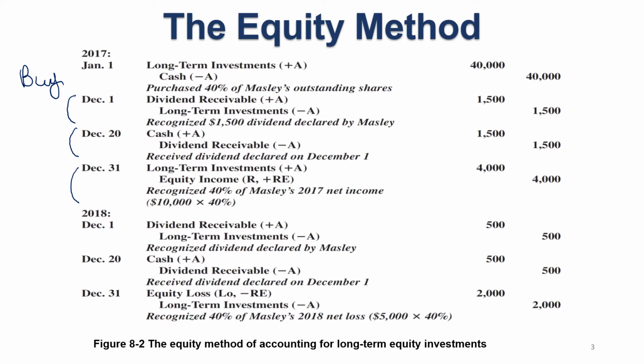If you follow this for the next year, here's the dividend is declared, the dividend is paid, and then at the end of the year, notice in the second year in 2018, you had a net loss, so you can see that reduces your long-term investment account in that company.